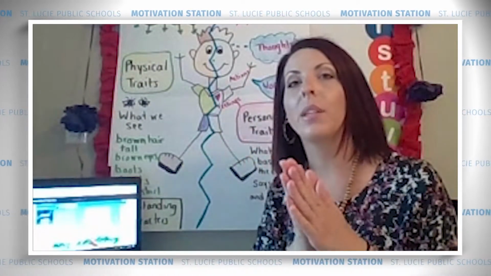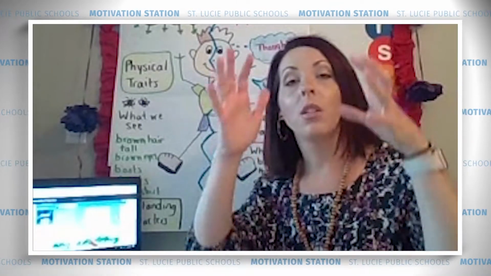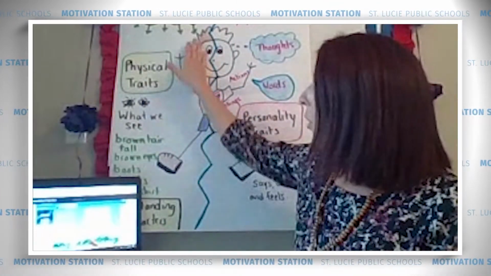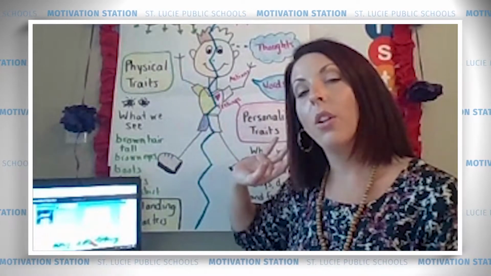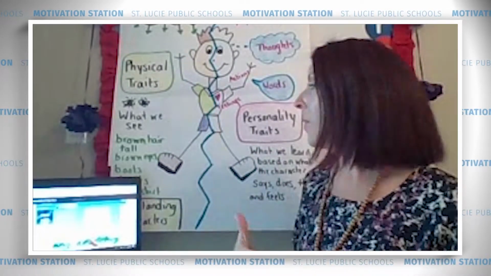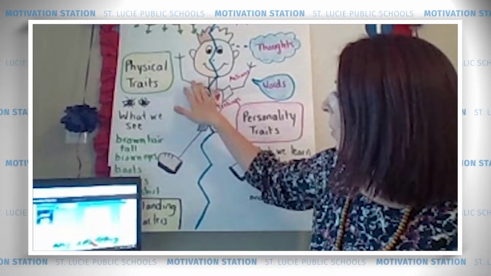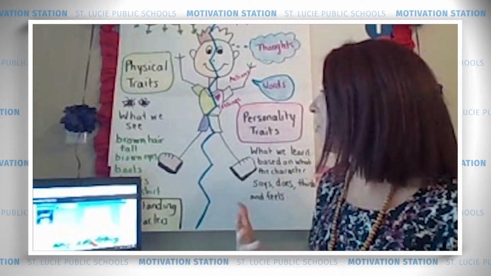Because sometimes we don't always have illustrations to go on. We have to look at the descriptive words an author uses to describe the physical traits. So we might read about their hair color, what they're wearing, what color shoes they may have, what color eyes they may have. Those are their physical traits.